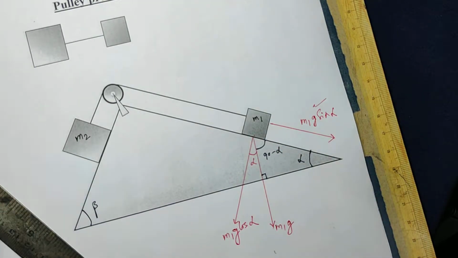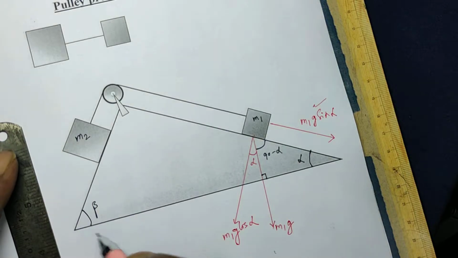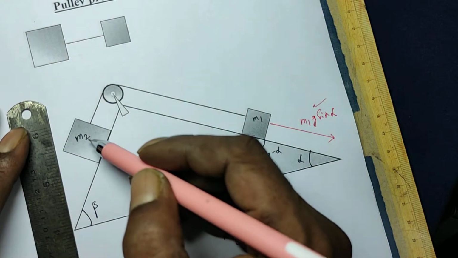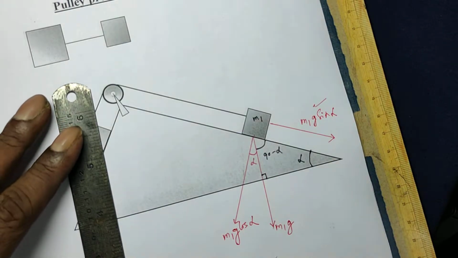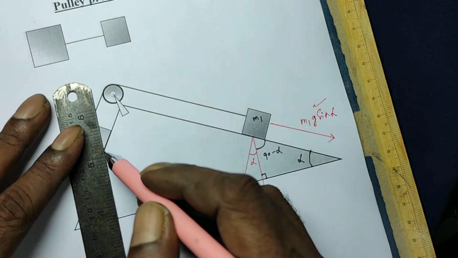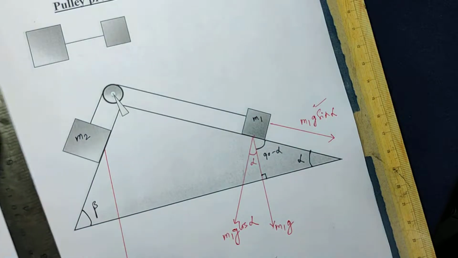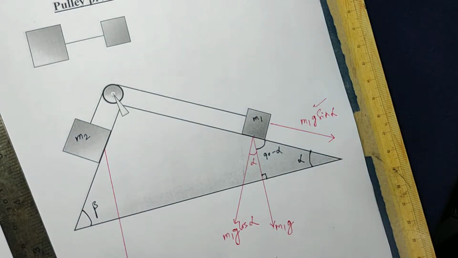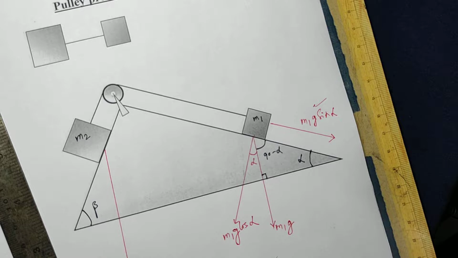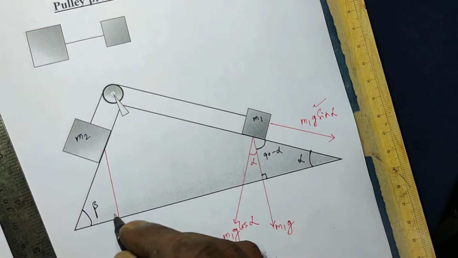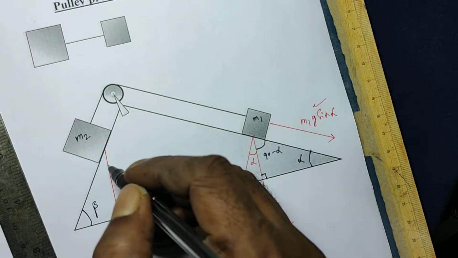Now similarly here, since this angle is taken as beta, the weight of this mass M2 will be vertically downward. Let me draw it here. So this is equal to your M2 times g, its weight acting vertically downward. And this angle is 90. This angle is 90. So this will be 90 minus beta.